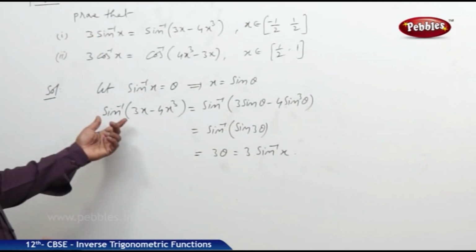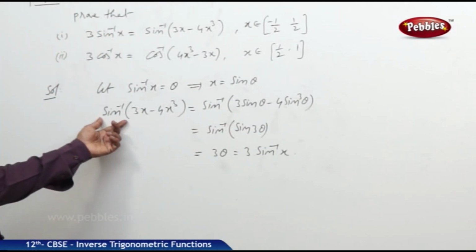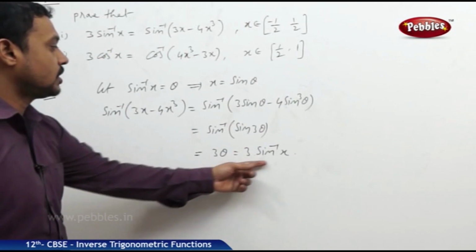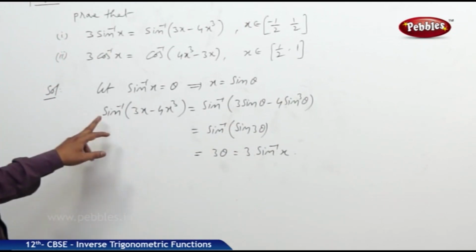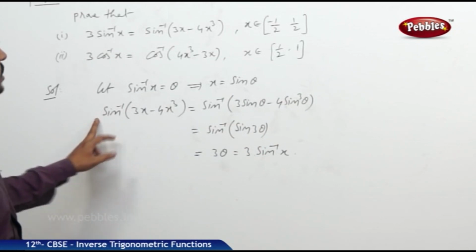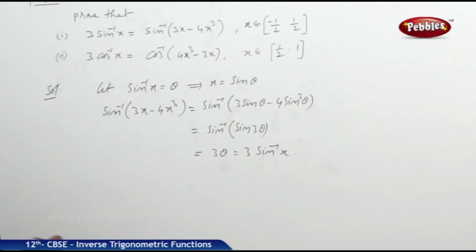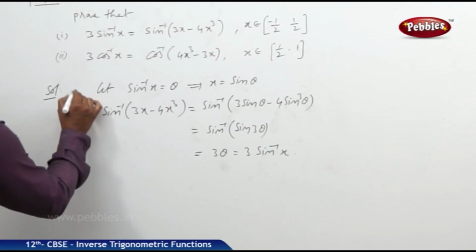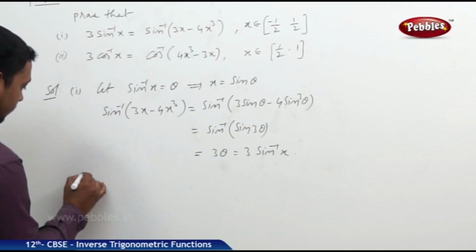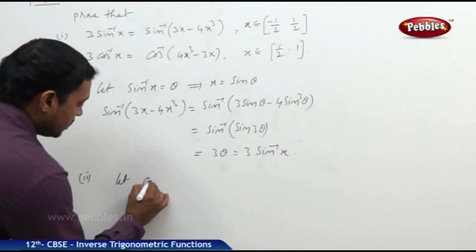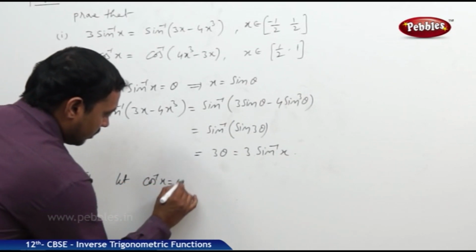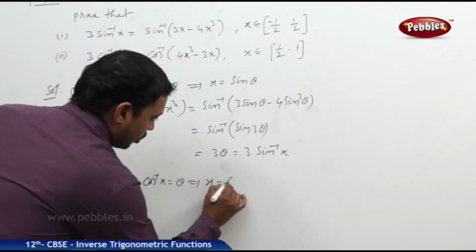Therefore, sin inverse of 3x minus 4x cube is equal to 3 sin inverse x, or 3 sin inverse x is equal to sin inverse of 3x minus 4x cube for every x belongs to minus 1 by 2 to plus 1 by 2. Now, for the second bit, consider cos inverse x is equal to theta. This implies x is equal to cos theta.